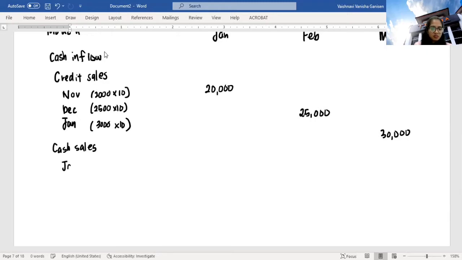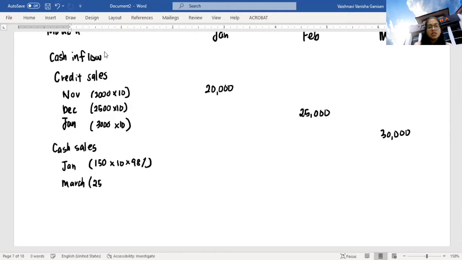Your cash sales, on the other hand, from Mixter, are in January and March. So in January, I think it's 150. Can we double check? Yes, in January it's 150. So 150 multiplied by 10, but there is a 2% discount, so multiply by 98%.